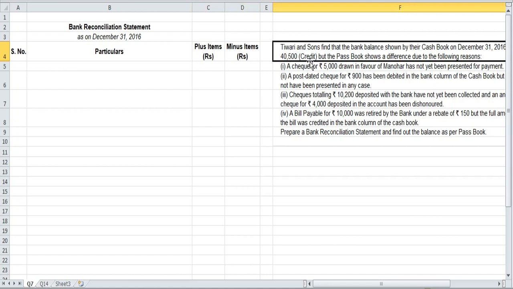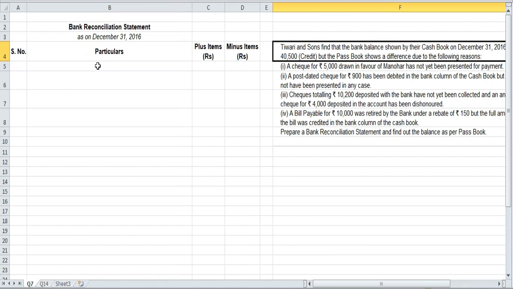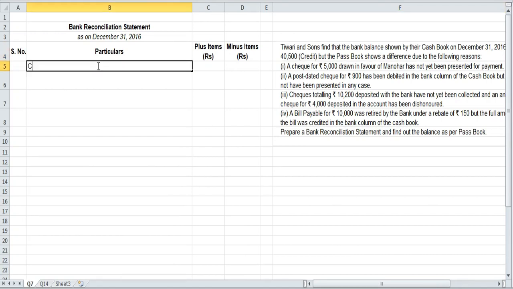Okay, so this is credit balance, that is Tiwari and Sons find bank balance in their cash book is rupees 40,500 credit. So we will write here the first point: credit balance as per cash book.